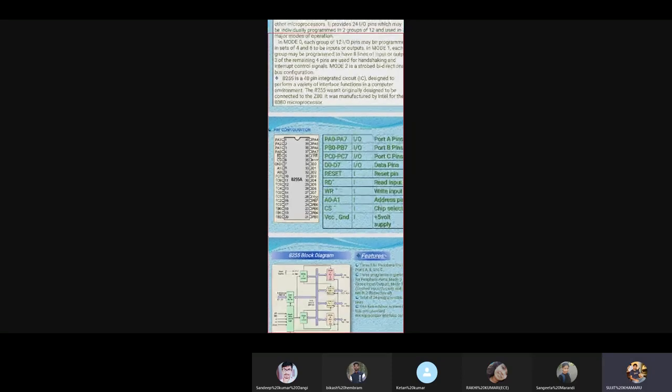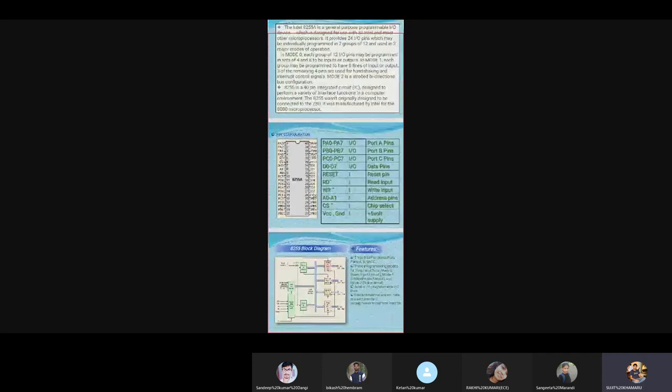So look here, now pin numbers 1 to 4 are PA0 to PA3, and pin numbers 37 to 40 are PA4 to PA7. Now pin number 5 is RD bar, pin number 6 is CS bar, pin number 7 is the ground, and pin number 8 and 9 are the address pins, denoted A0 and A1.